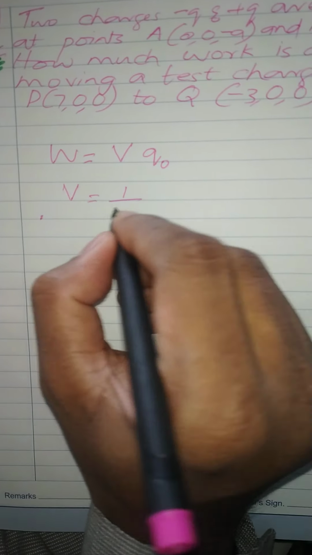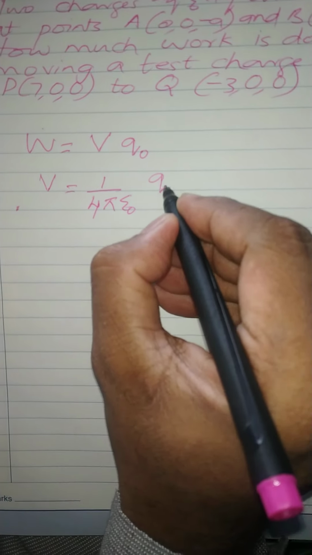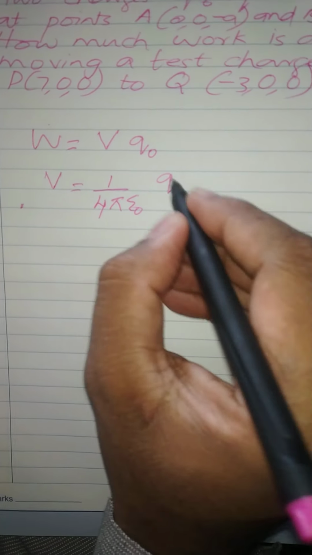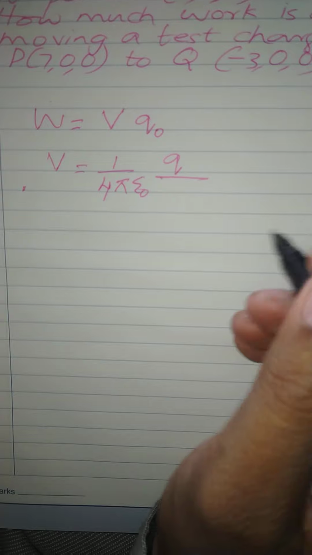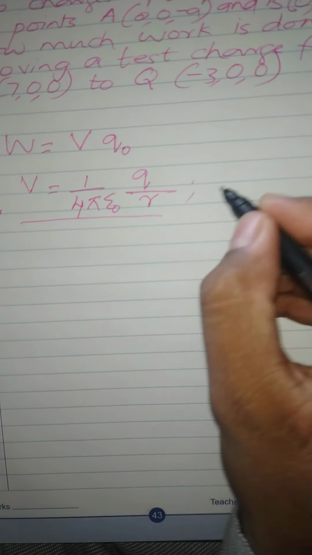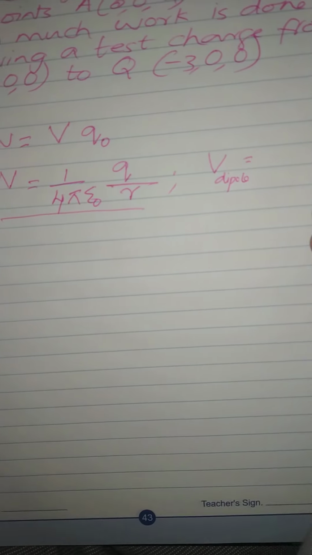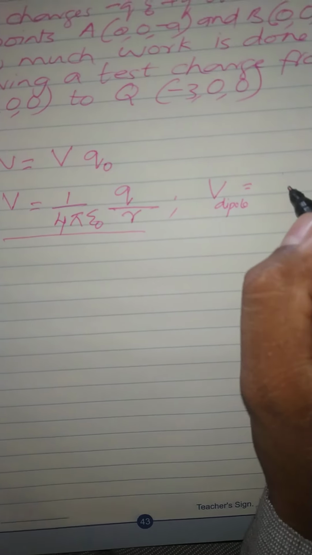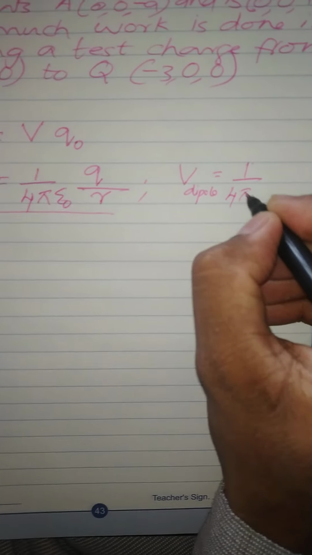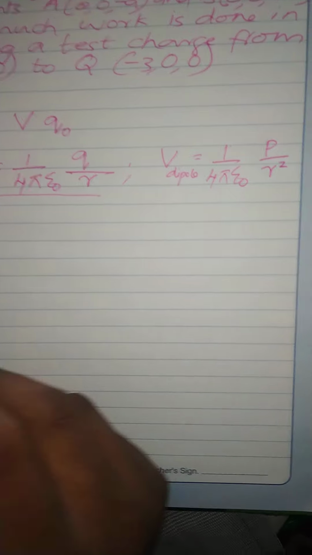V is equal to 1 by 4 pi epsilon naught Q, okay, that is definitely capital Q, by R. And this is for one charge, and we know what is the potential due to a dipole. These are the two formulas that I have taught you. One is given as 1 by 4 pi epsilon naught P by R square. I hope you remember it.